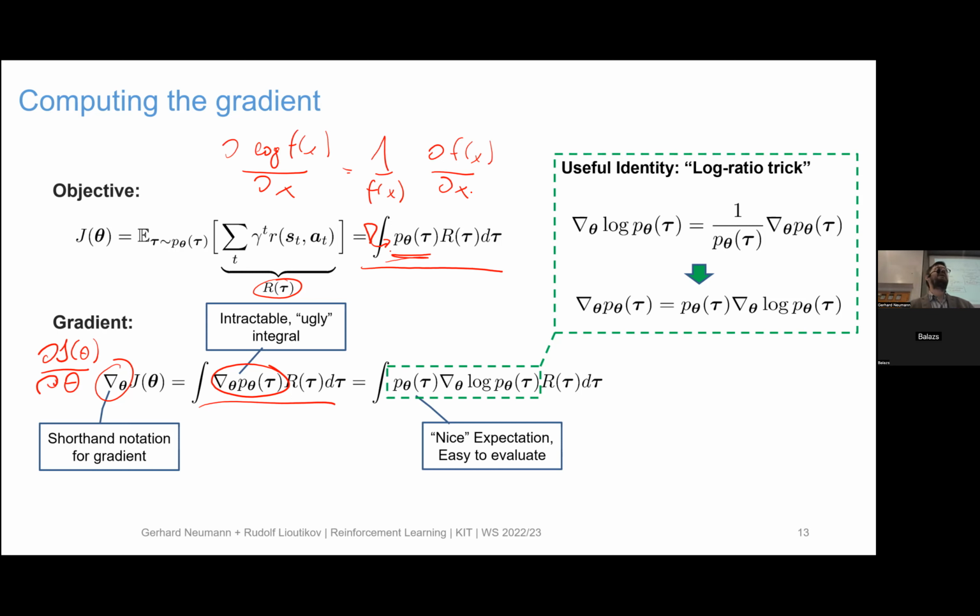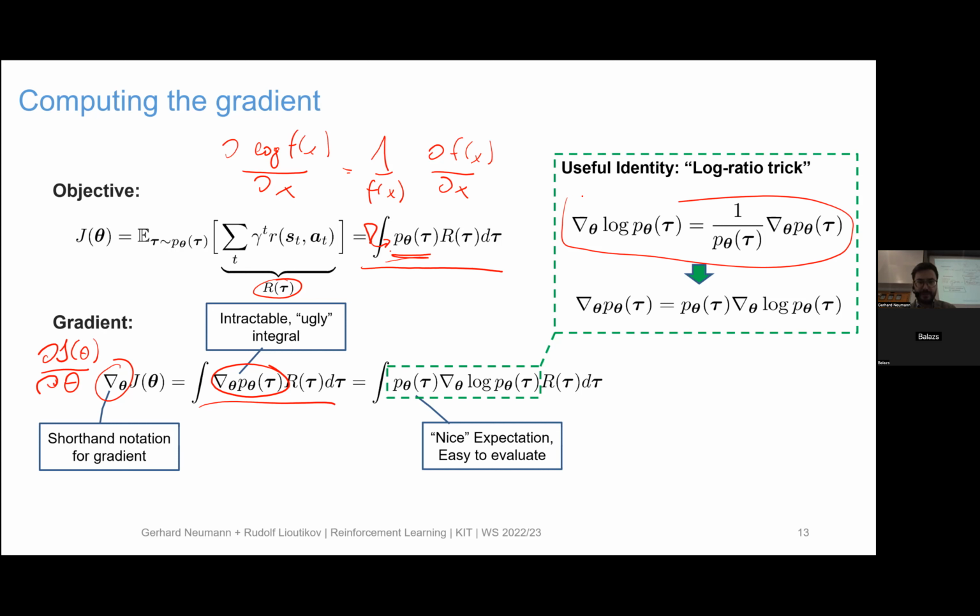We should know that, isn't it? This is simple calculus. And now we can use this for our equation here. So here I have written down the same thing again, just not with f of x, but p of tau, or p theta of tau. And it's 1 over p theta of tau times the derivative of p theta.